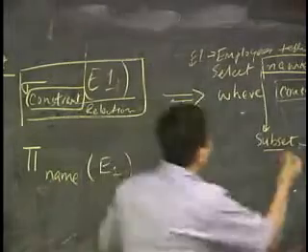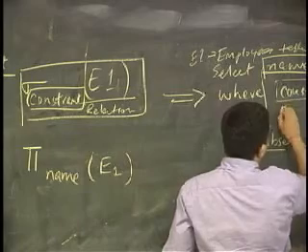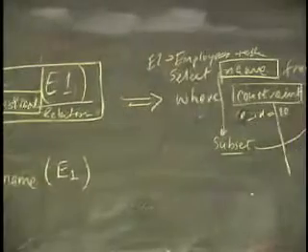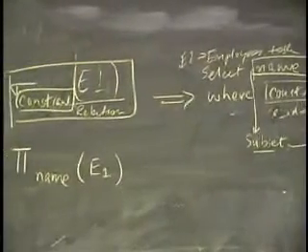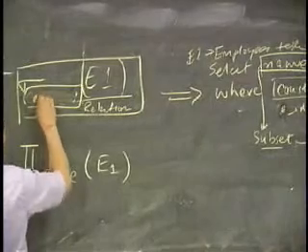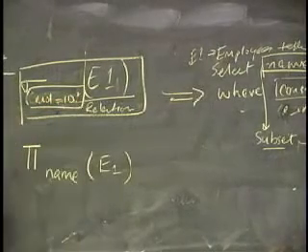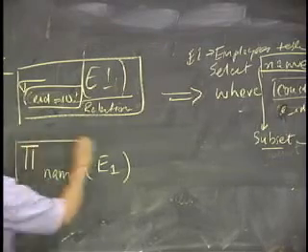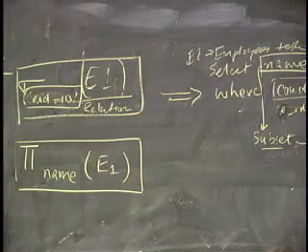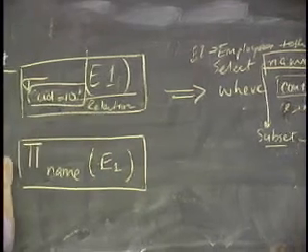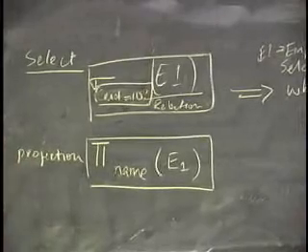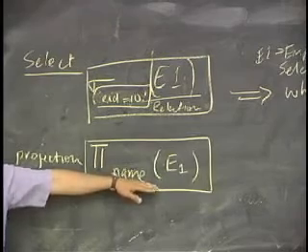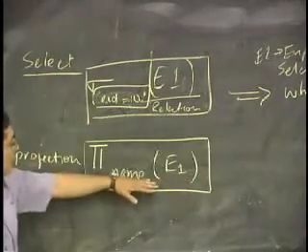Let me write a constraint here: EID equal to 10, employee ID equal to 10. Select name where employee ID equal to 10. So this will take the shape of sigma EID equal to 10, and this is now the projection. If you did not put any constraint here, you will actually get all the names.